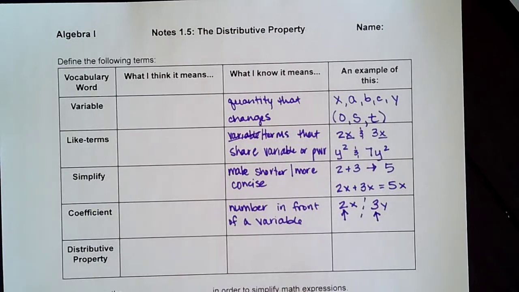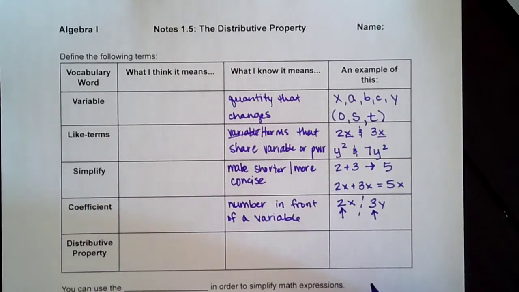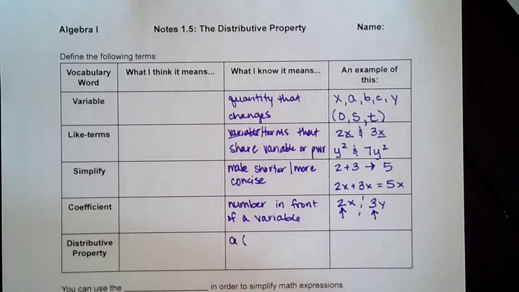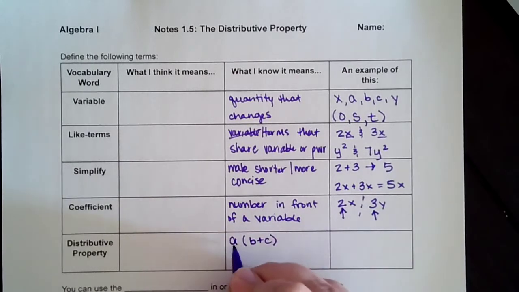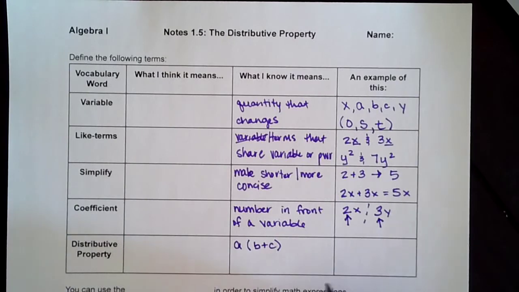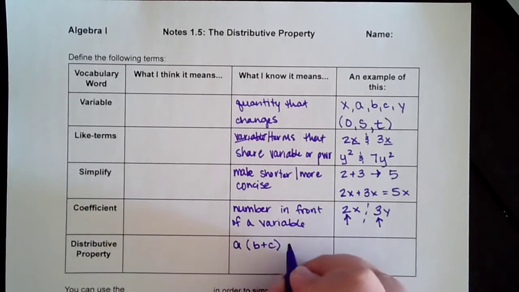And last but not least, the distributive property. This one isn't necessarily one we can give a perfect definition to, but basically what it means is if you have something that looks like this, a quantity times a sum, so A times the sum of B plus C, the distributive property allows me to multiply A times B and then add it to the quantity A times C. So that might have been a little confusing.